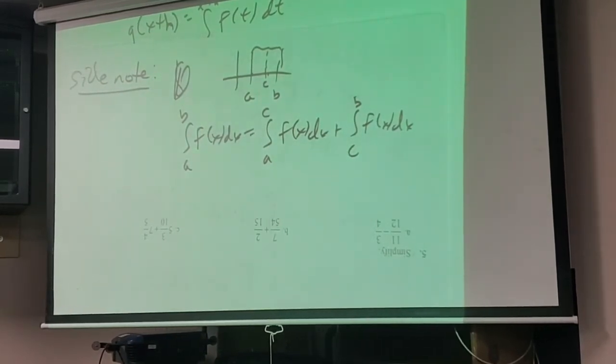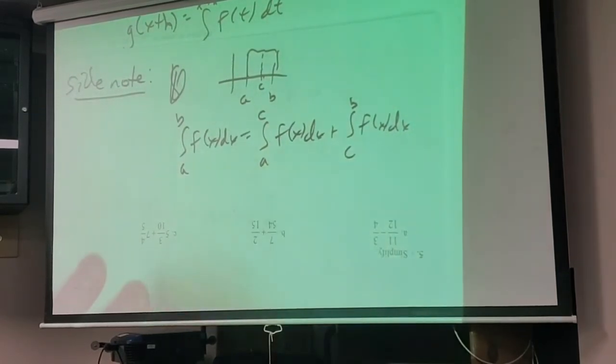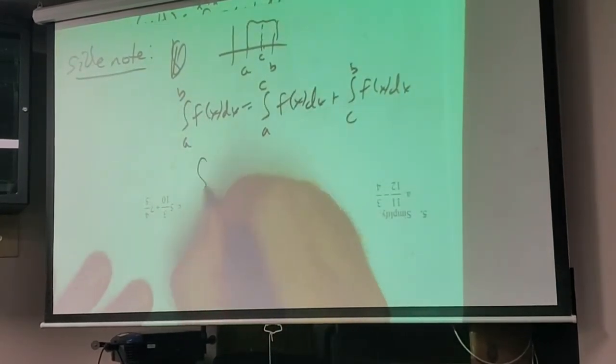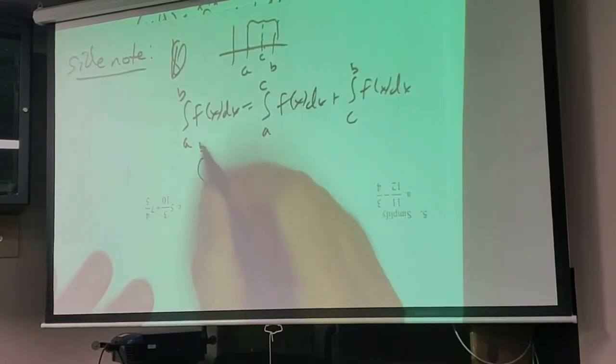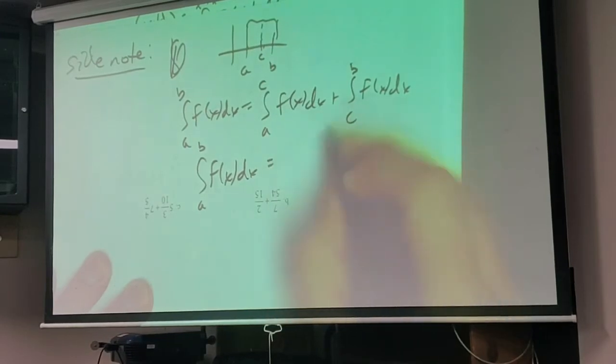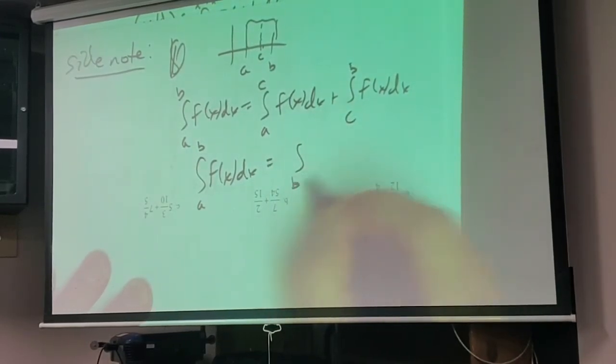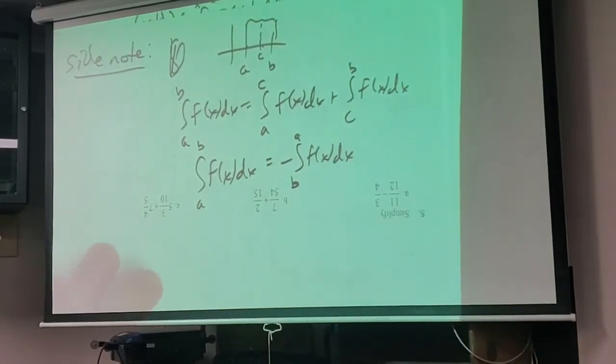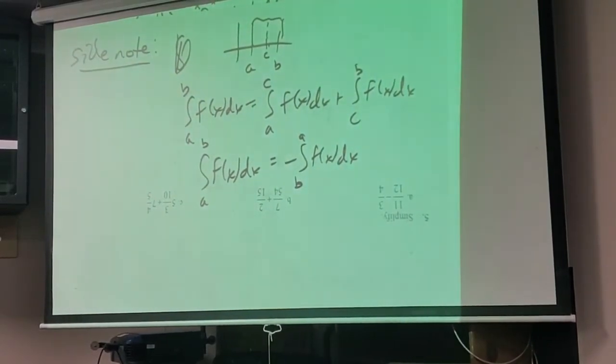And the second thing is, what if I wanted to change the limits of integration? What if I wanted to change the order of these? What happens if I change this from b to a? It's the negative, of course, because now instead of b minus a, it's a minus b, so the whole thing will be the opposite sign.